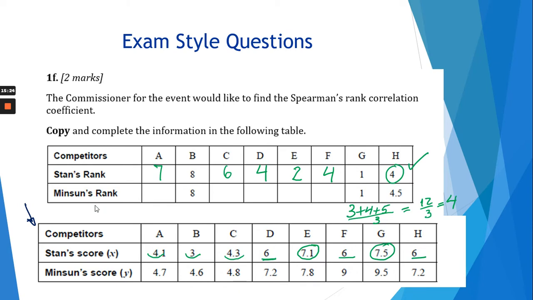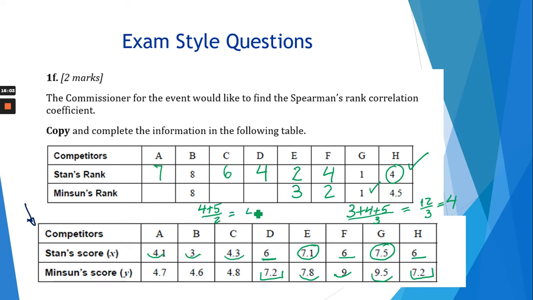Similarly, we're going to do it with Missun's rank. The top one is 9.5, number 1. The second one is 9, so it's going to be 2 here. The third one is 7.8, so 3 here. Now notice that both the fourth and the fifth, or vice versa, are 7.2. So what we're going to do is 4 plus 5 divided by 2.